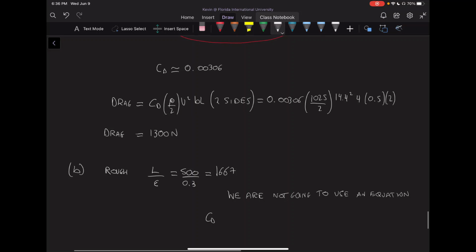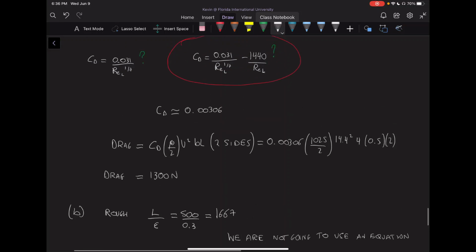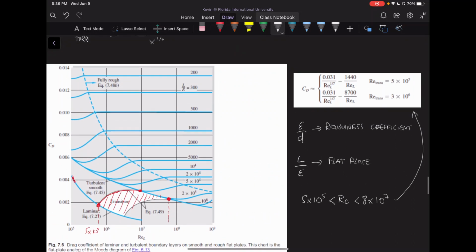And if we look at figure 7.6, we'll see why. In figure 7.6, we can see that our value of L over epsilon is equal to 1667. So that means that our value is somewhere here, and it follows this line, this curvature here.